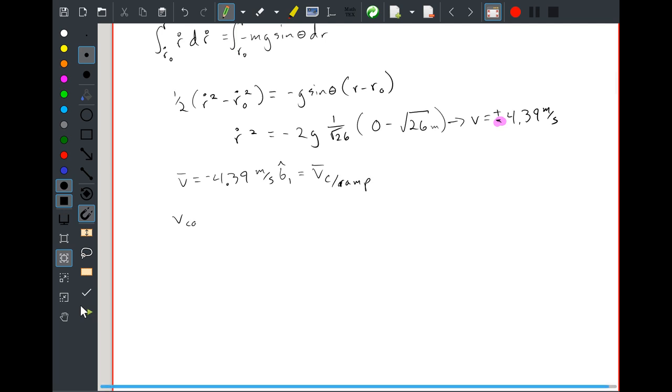I need the velocity of the car with respect to the ramp plus the velocity of the ramp with respect to the ground. And this is the speed of the truck in that E1 direction.